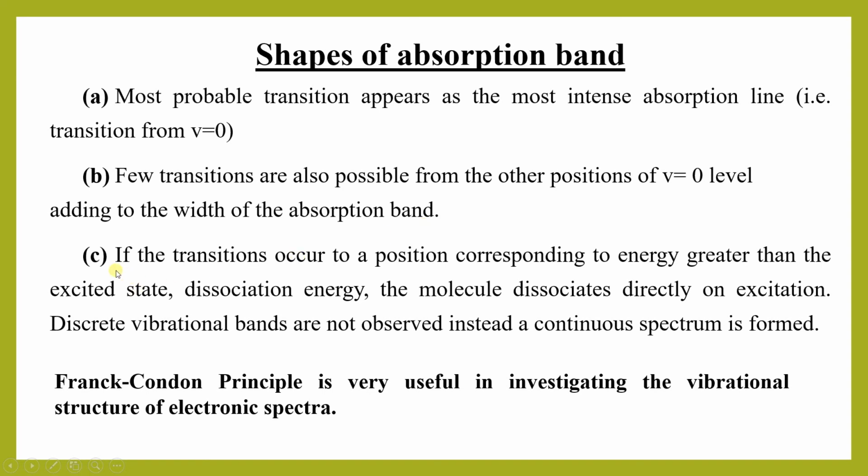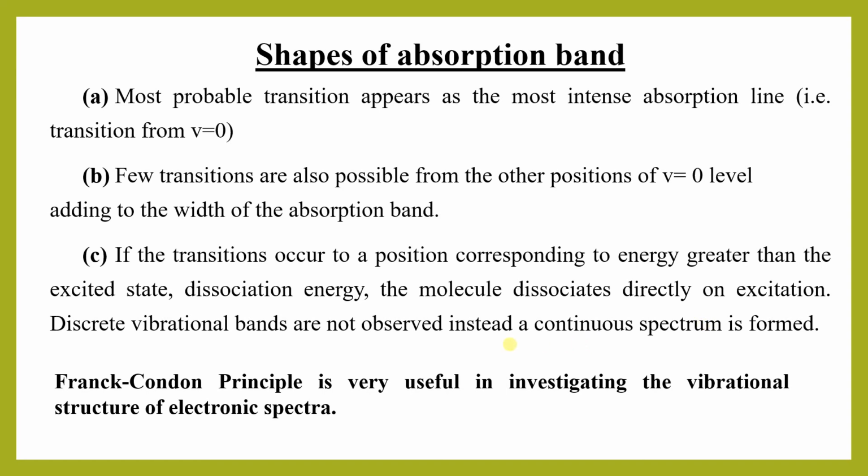In the third diagram, if the transitions occur to a position corresponding to energy greater than the excited state, that is the dissociation energy, the molecule dissociates directly on excitation. So discrete vibrational bands are not observed. Instead, we observe a continuous spectrum. So this is about shapes of absorption bands.